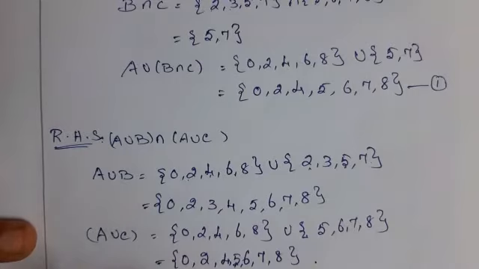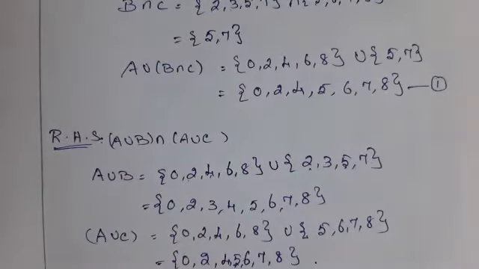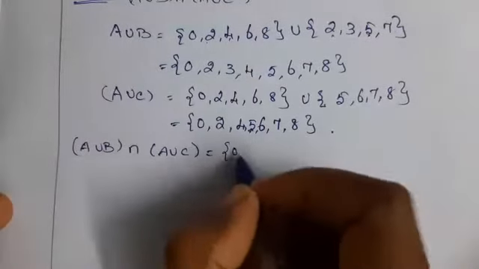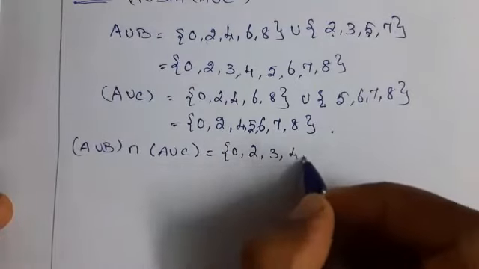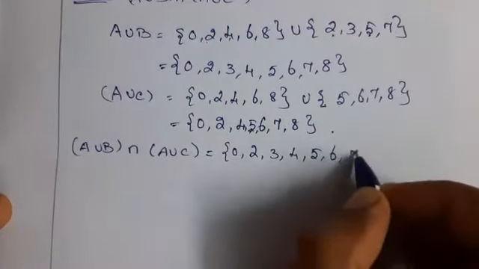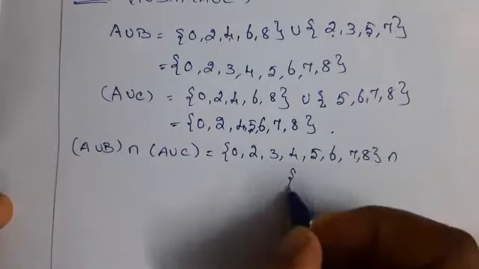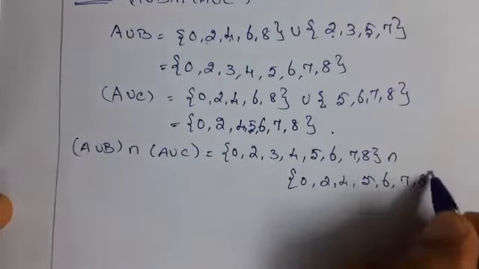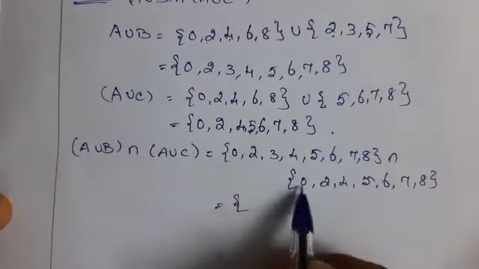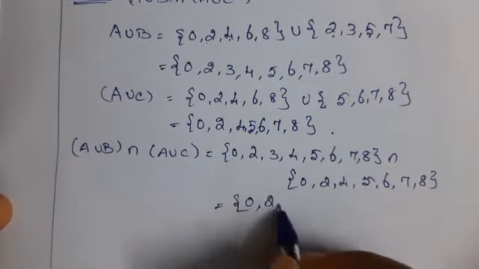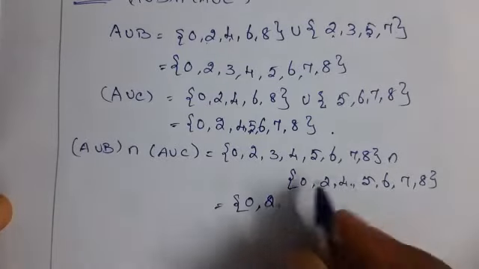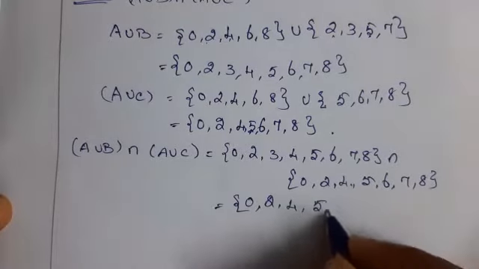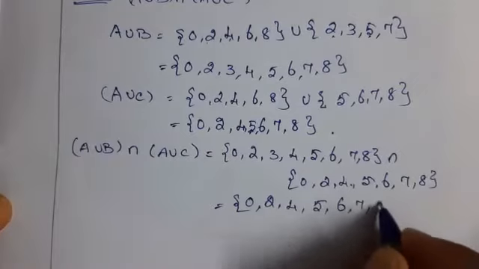Now find the intersection of A union B and A union C: 0, 2, 3, 4, 5, 6, 7, 8 intersection 0, 2, 4, 5, 6, 7, 8. Common elements are 0, 2, 4, 5, 6, 7, 8.